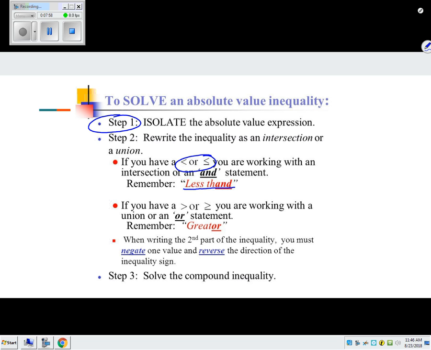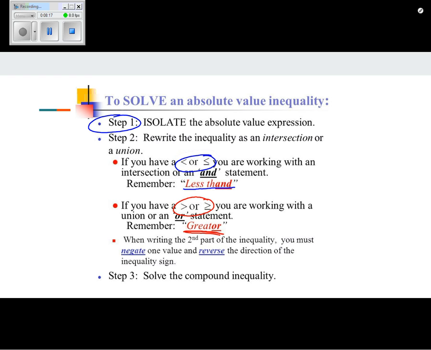Whereas if I have greater than or greater than or equal to, then you're going to hear me say "greator", to remind me that I've got to put an or inside my compound inequality. Okay, a lot of the same rules still apply. You can still check your work as you go.